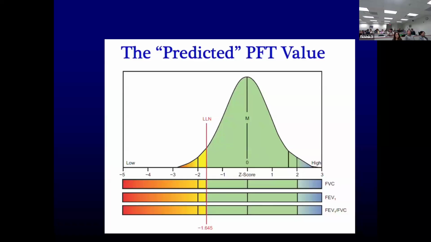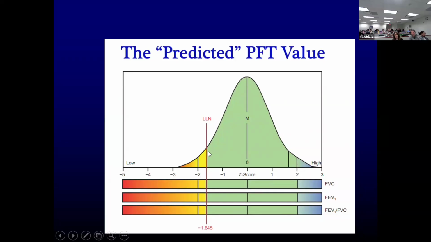So from now onwards, today we're learning a new term. Anything below 1.65 standard deviations from the mean in PFTs would be abnormal. That's the first Z-score value. It is here.